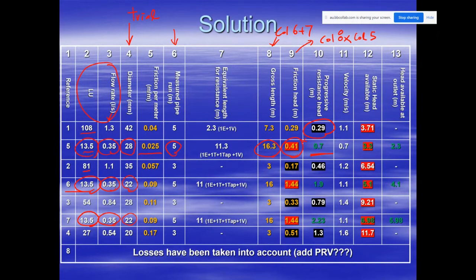Now, at that moment, for this one, what is the static head available? How to calculate the static head available for this? For the previous, the point 3.71. For this section, the loss is about 0.41. Understand? So 12 minus this one equals 3.3.